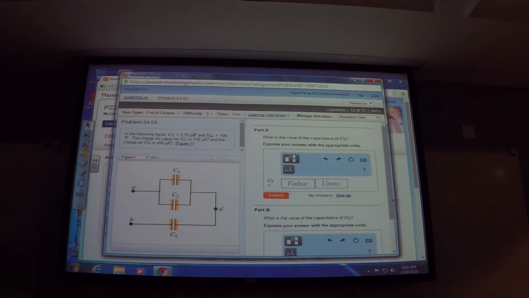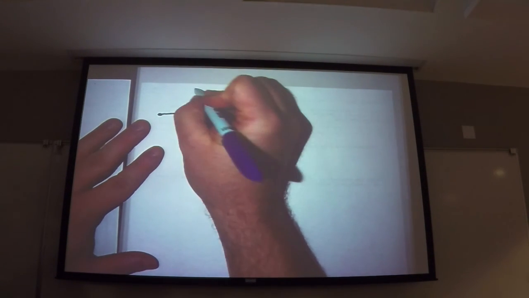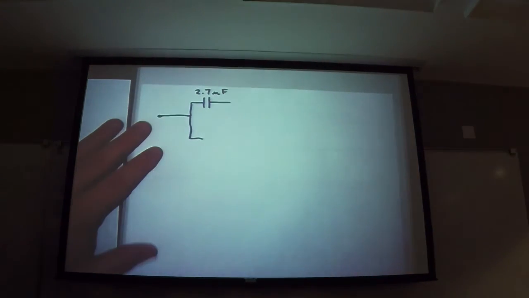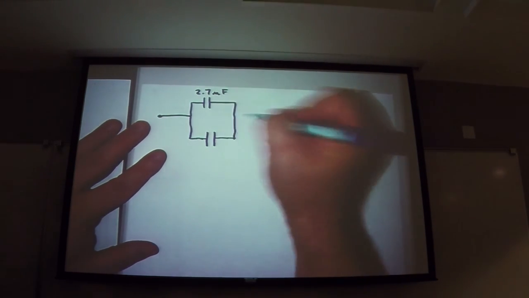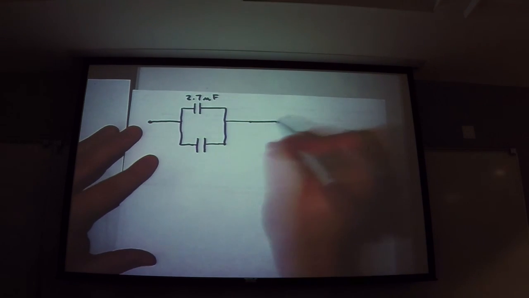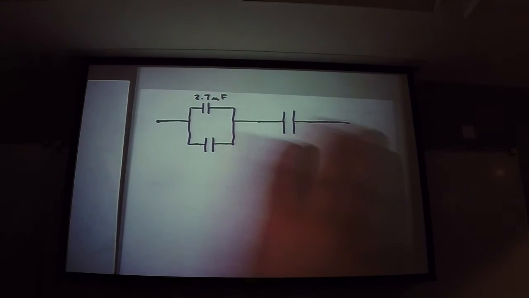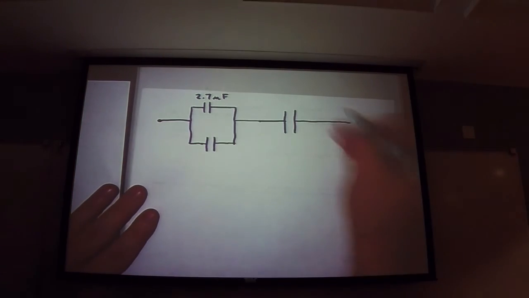There we go. Okay, so we have C1, which is 2.7 microfarads. And we have C2 down here. We don't know what C2 is. Now I'm going to draw C3 over here. Hopefully everybody can see that this diagram is equivalent to the other one. All I did was take the point B and move it over here.